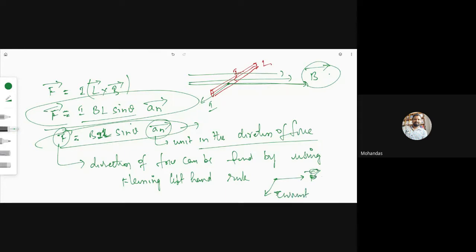This is field B, current I. This is forefinger, this is center finger, and the direction of the force is in the upward direction, that is F.